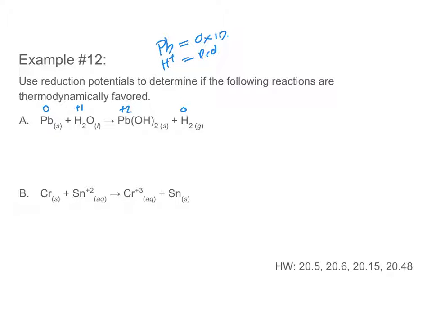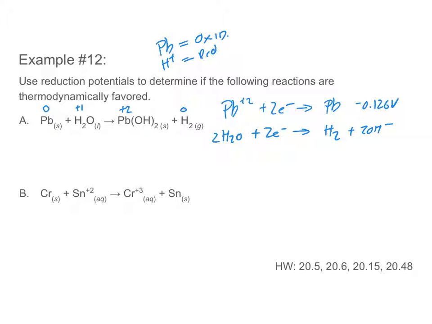So I'm going to write the reactions as they're written in the textbook. So I'm going to say that lead, and when I grab that value from the textbook, I get 0.126 volts. And for the water, I'm going to write, and that's a value of negative 0.83 volts.